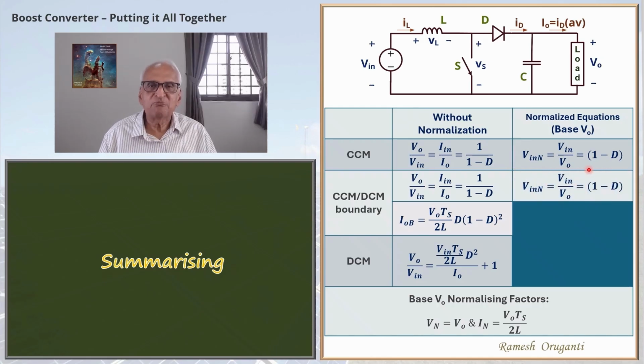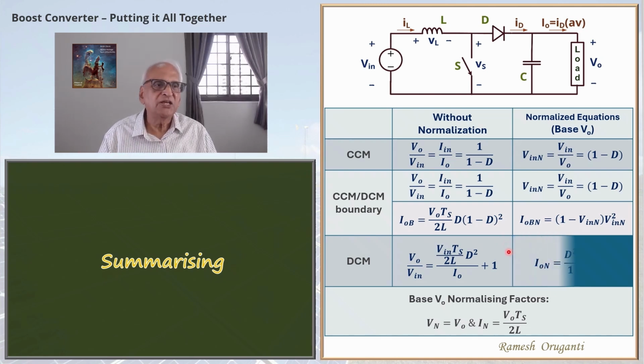And the normalized boundary current, as we saw, equals 1 minus V in N times V in N square. Lastly, the DCM normalized equation we saw is I0 N equals D squared times V in N square divided by 1 minus V in N. Now we will plot the normalized equations so that the complete characteristics of the boost converter can be visualized in one single plot.